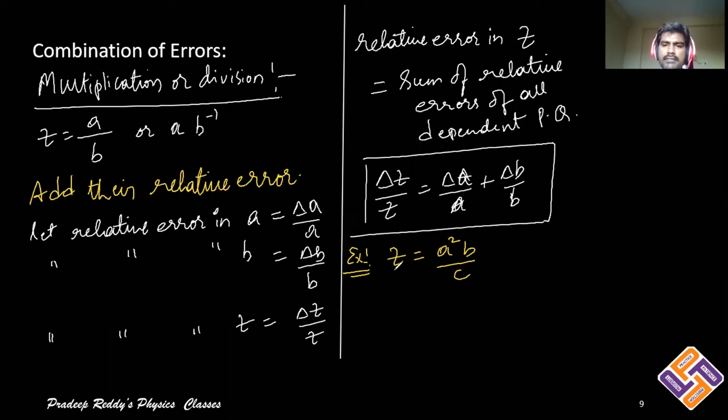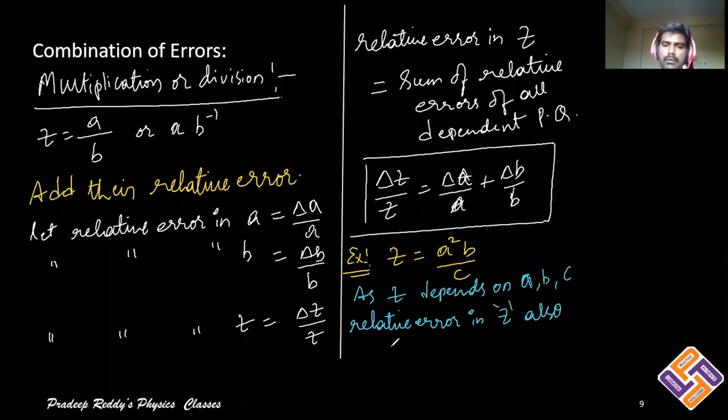Now you have Z. Z is a physical quantity and this Z is depending upon A, B and C. As Z depends on A, B, C, relative error in Z also depends on relative errors in A, B and C. Okay.